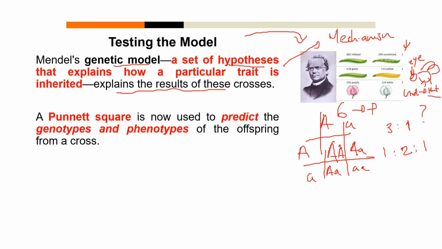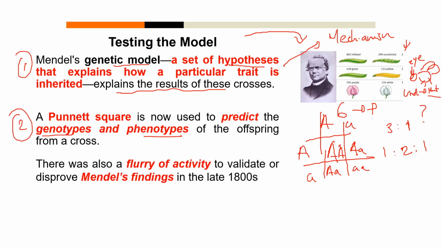And we had Punnett squares, which were a wonderful tool to predict the genotypes and the phenotypes. However, we still didn't know the mechanisms. And to do that, many scientists started trying to validate and disprove Mendel's findings.